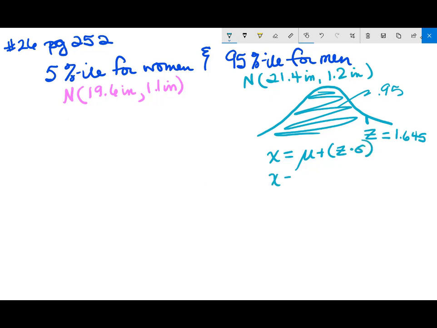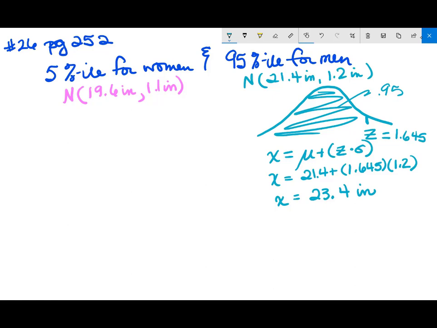So I can put that in. My mean is 21.4, my z-score was 1.645, and my standard deviation was 1.2. And that is going to be 23.4 inches.